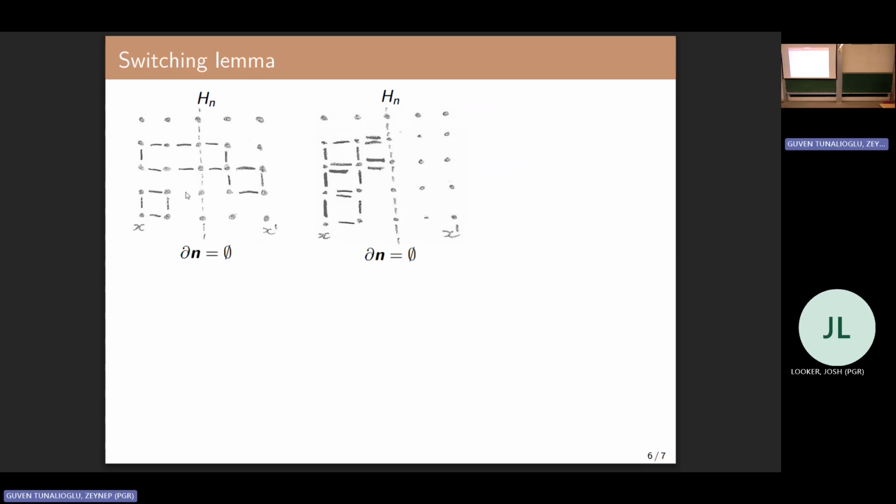So if you take this part on the right and reflect it, we get this part. This is x, and this is x prime, the reflection of x. Now, in this case, you can see that after we reflect things, x is connected to this plane Hn. We can find a path from x to Hn. We fix a path. This is this red path.